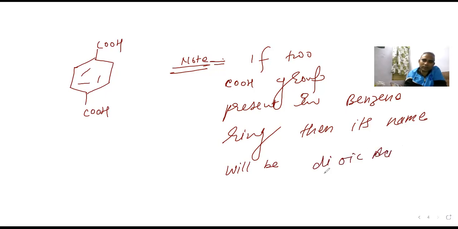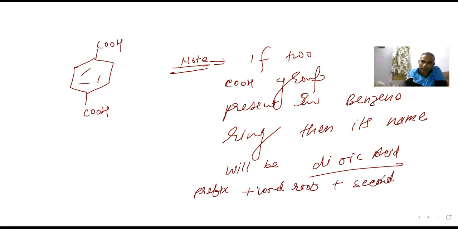This is the only functional group. Firstly we write the prefix, then the word root, then the secondary suffix.